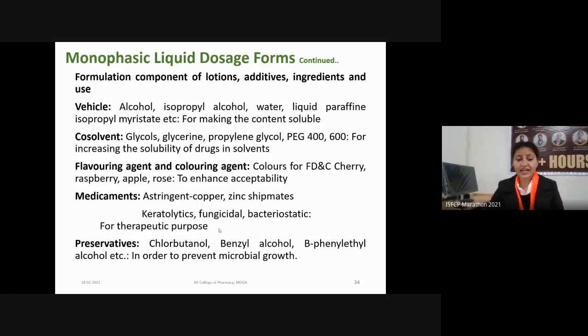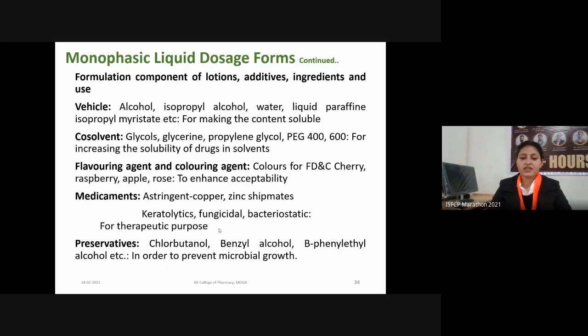Next, the flavoring agents and the coloring agents. We can use the colors that are approved by food, drug and cosmetics. The flavors are cherry, raspberry, apple, rose. These are the flavoring agents that we can use.